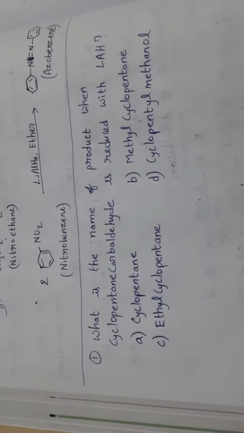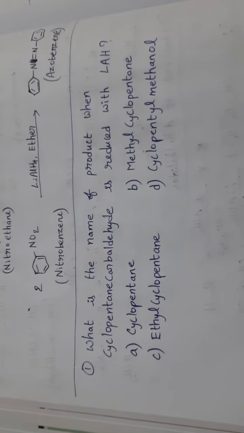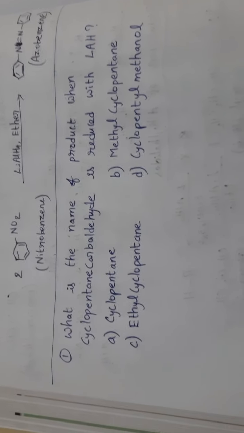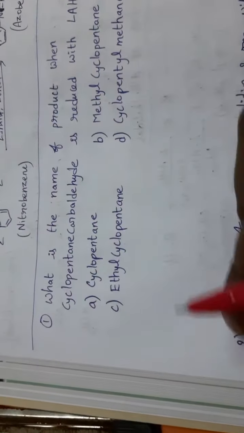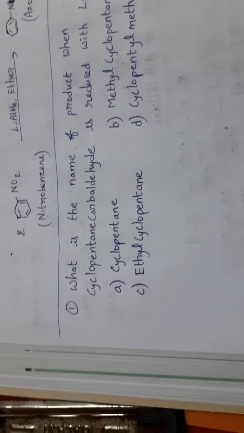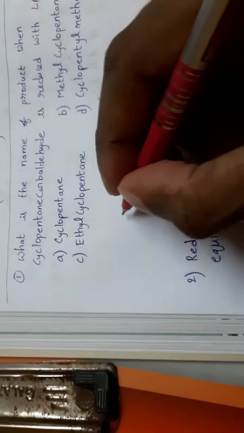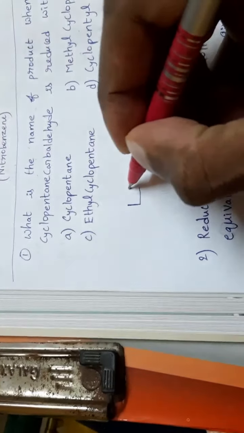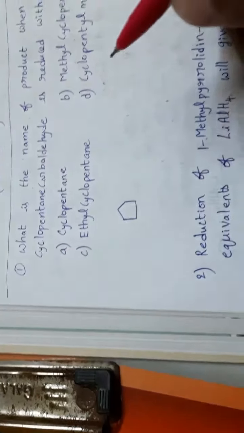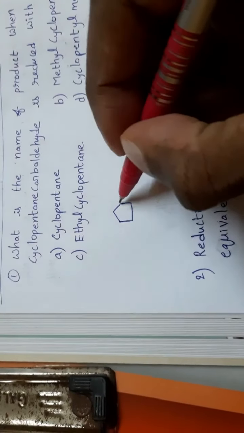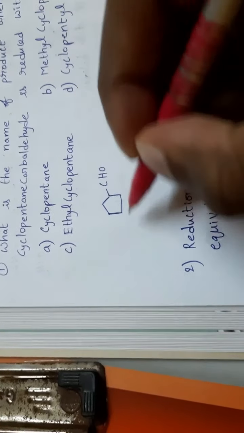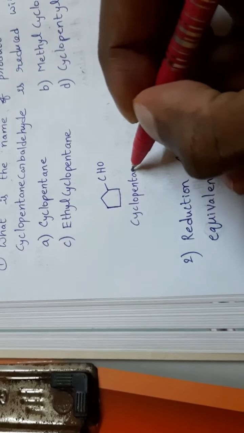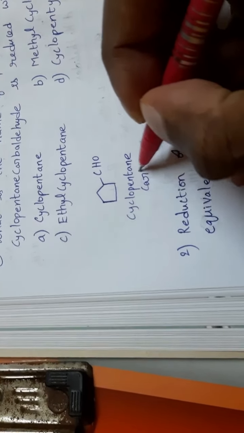What is the name of product when cyclopentane carbaldehyde is reduced with LiAlH4? Cyclopentane carbaldehyde, see the reaction. This is cyclopentane, CHO is attached. This is called cyclopentane carbaldehyde.